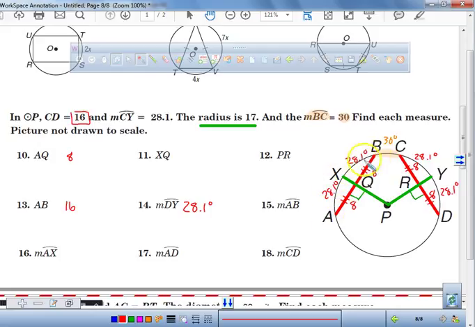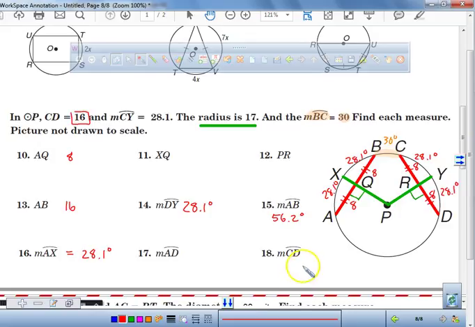We're adding 28 to 28. That's 56.2. Yes, I heard it. 56.2 degrees. x. That's just 28.4.